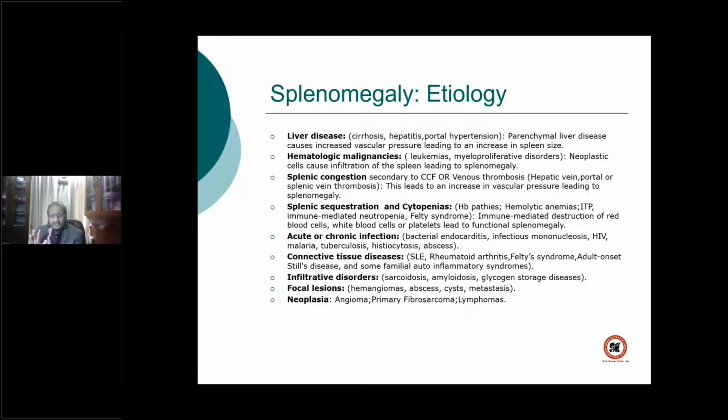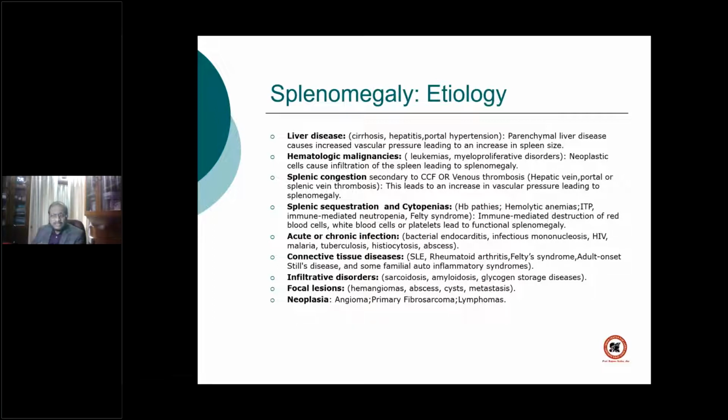Then you can have a number of hematological conditions and malignancies, like, for example, leukemias, myeloproliferative disorders, where neoplastic cells are now infiltrating the spleen. So that again is a cause for splenomegaly. Then coming to the direct causes in the spleen itself, either splenic congestion or splenic sequestration and cytopenias because of the sequestration.